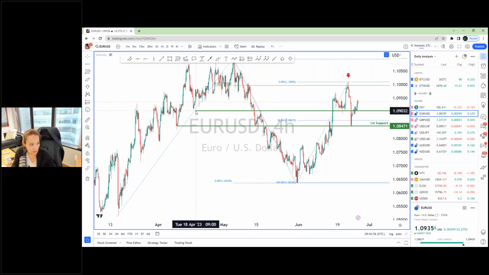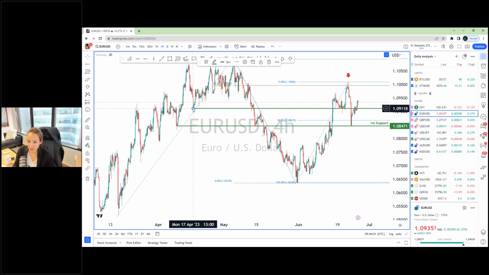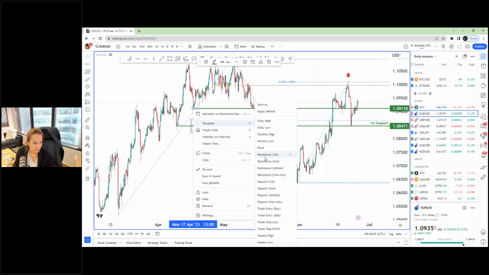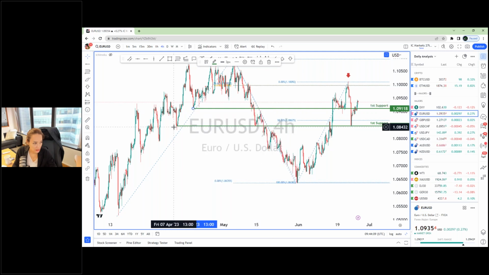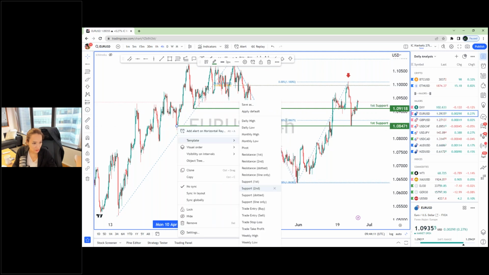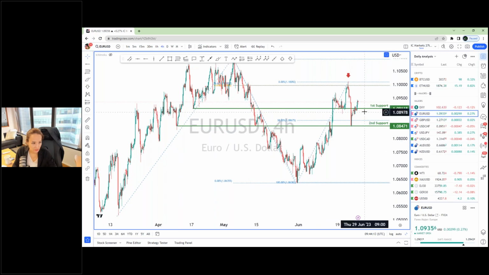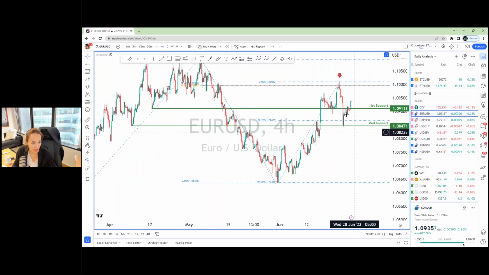If you look at the IC Markets chart, right, I said this is my first support, and this is our second support, and this is my first TP, and this is our second TP. You can see that, and then price reversed from here all the way down, hitting TP2.